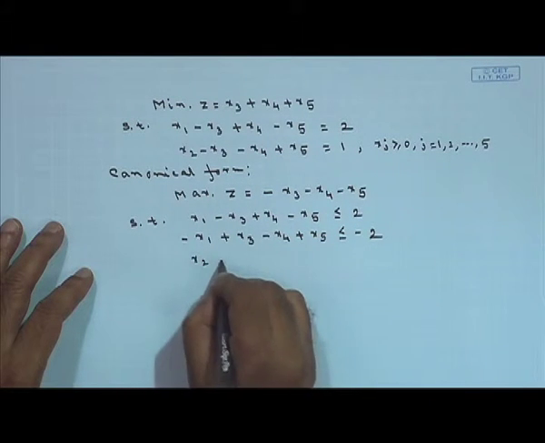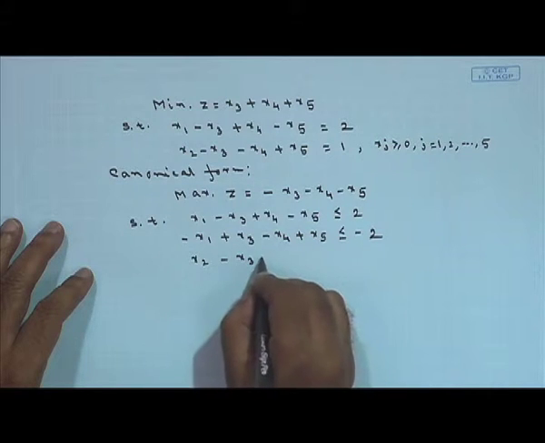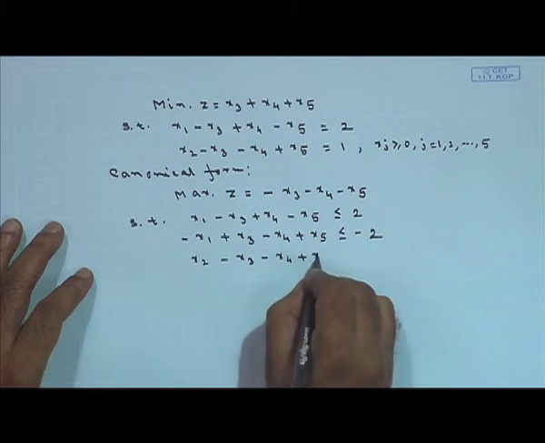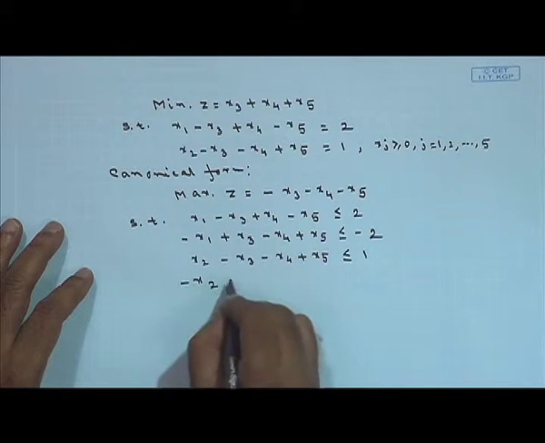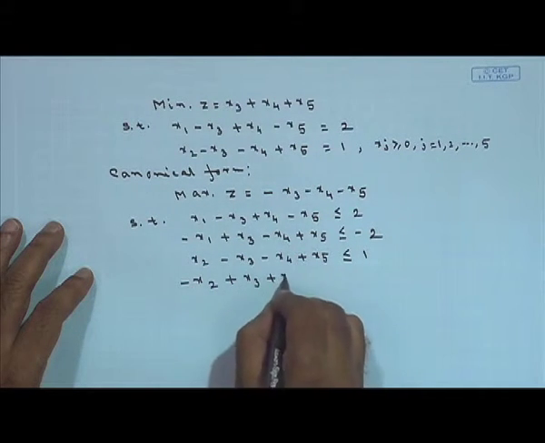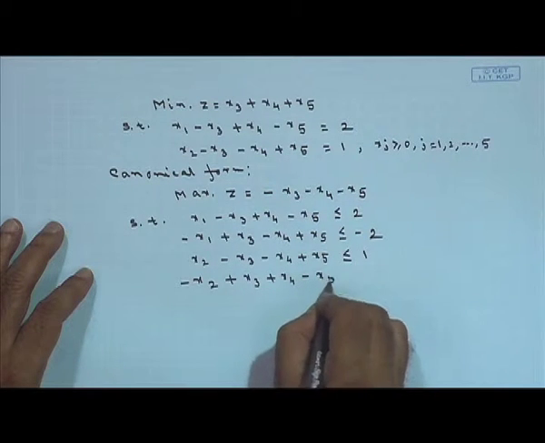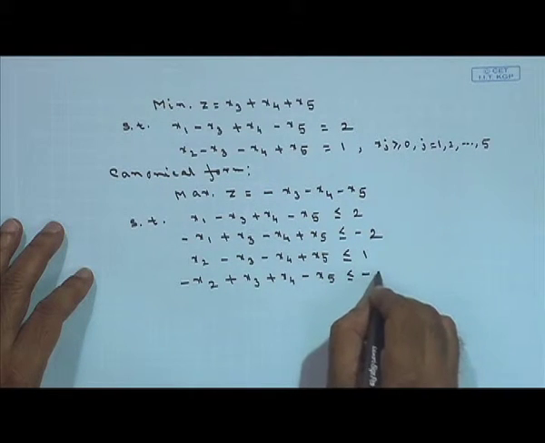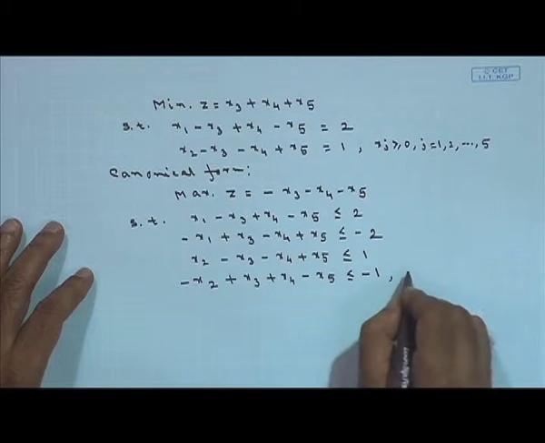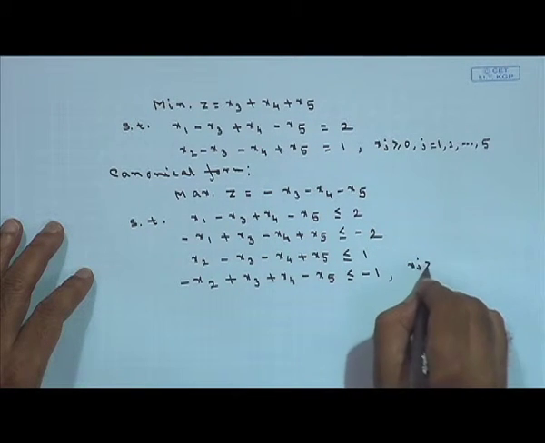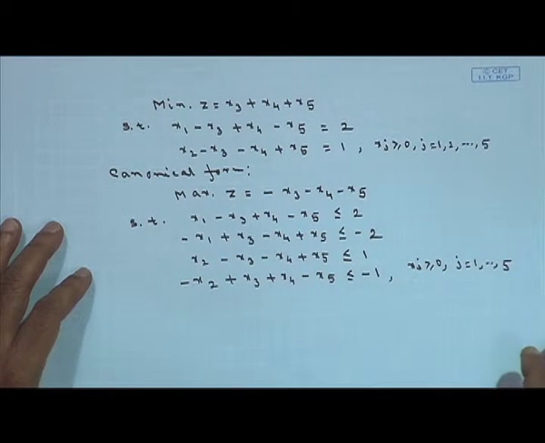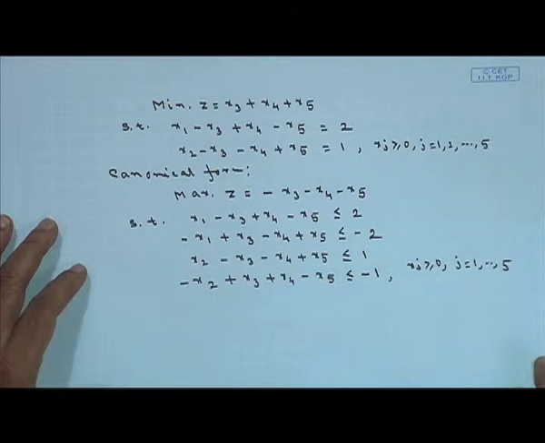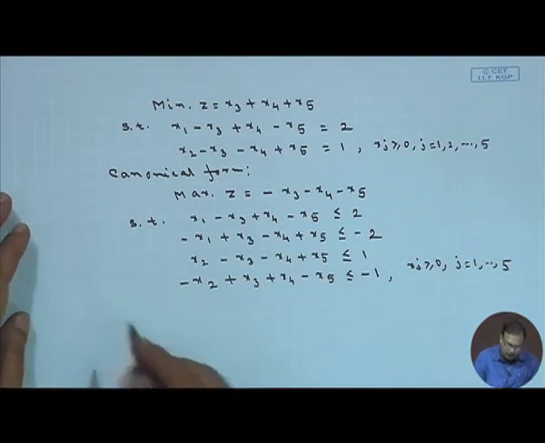Similarly, x2 minus x3 minus x4 plus x5 less than or equal to 1, and minus x2 plus x3 plus x4 minus x5 less than or equal to minus 1. And of course, xj is greater than or equal to 0, where j lies between 1 to 5. So, now your problem is in the canonical form, and from the canonical form you can write down its dual.